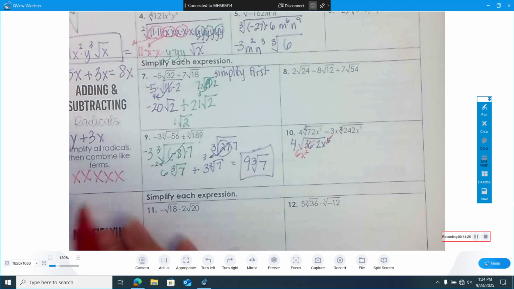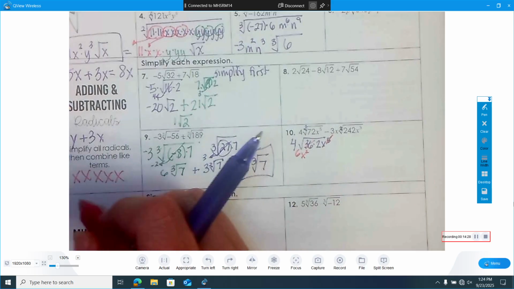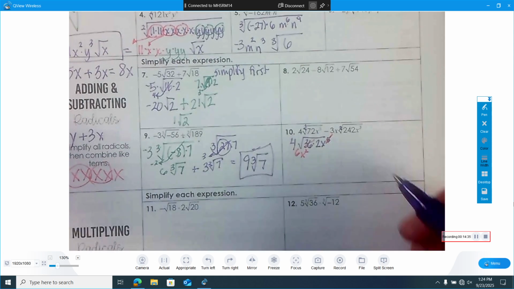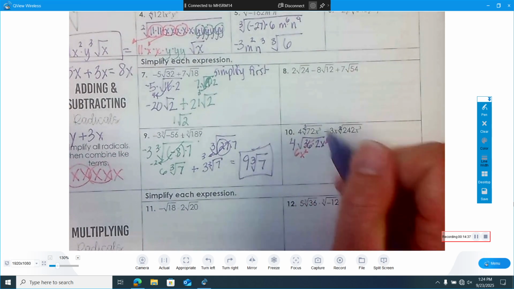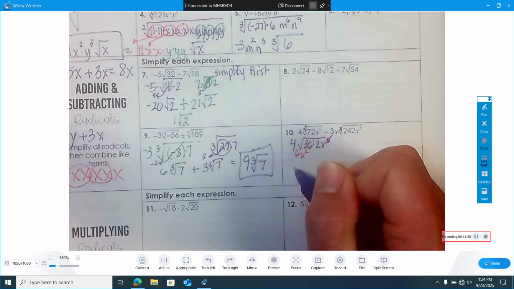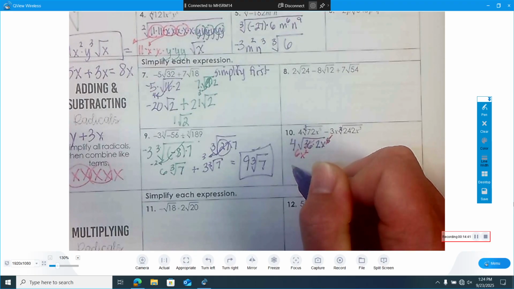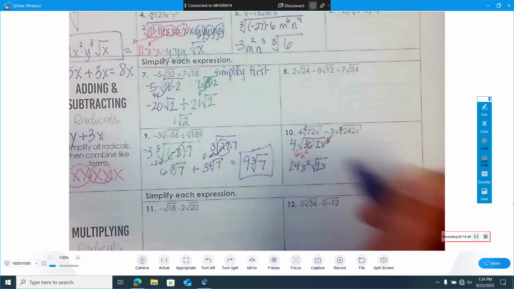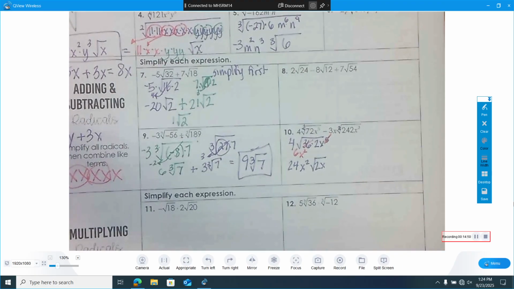If you expand those x's 5 times, you have 2 groups of 2. So an x from each of those groups gets to escape, and 1 is left behind. So what is our simplified radical here? 6x squared radical 2x. Very good. There's a 2 and an x left inside.